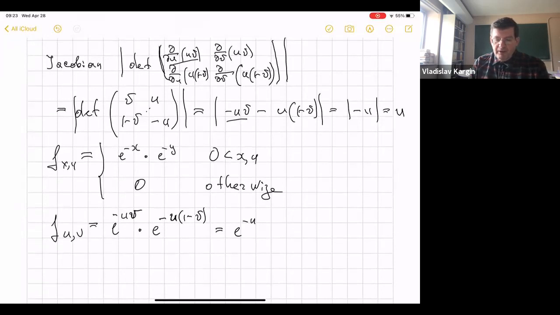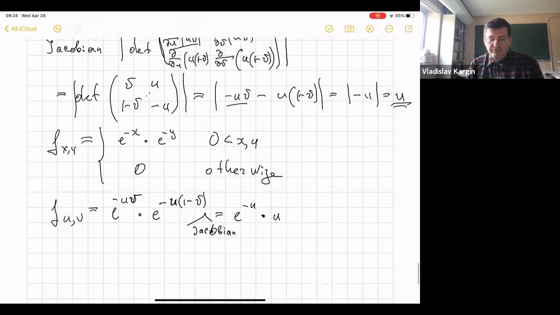But it should also be multiplied by the Jacobian, which is u.